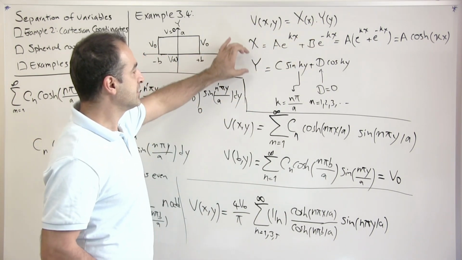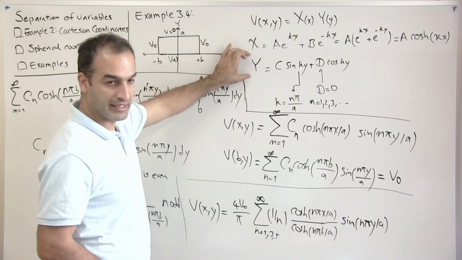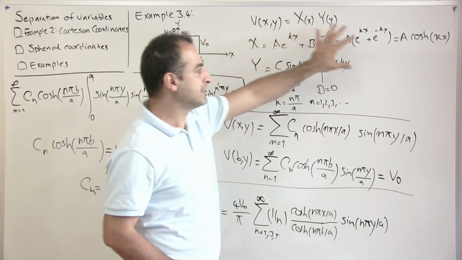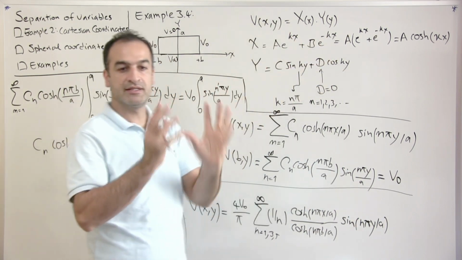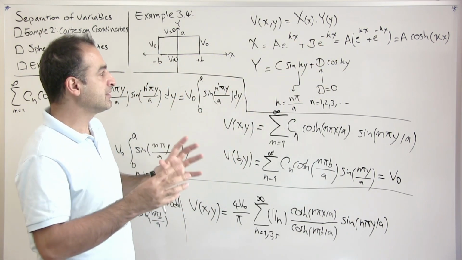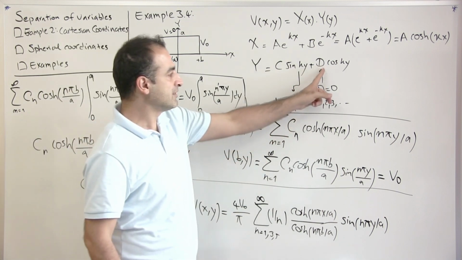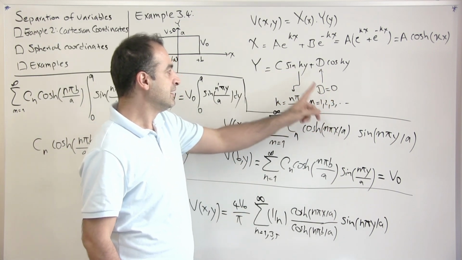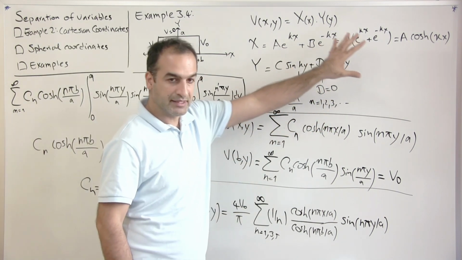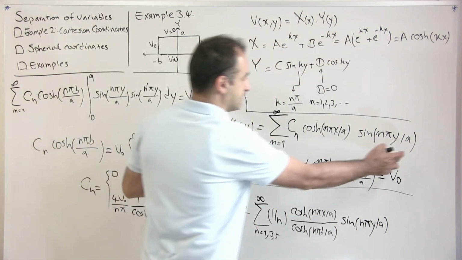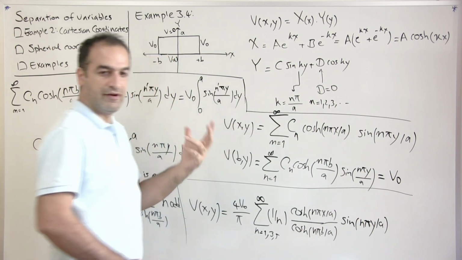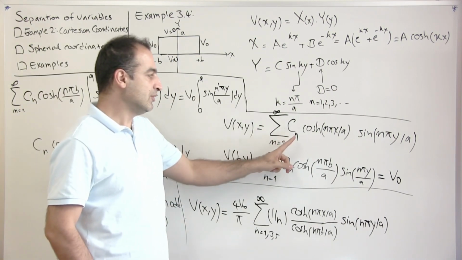We came up with a general solution for X and Y. We tried to narrow down, to get rid of some of the constants based on the boundary conditions. Some boundary conditions were easy, like this one, we could just say D must be 0. Some of them were a little more complicated, but eventually we had a function like this, which is not finalized because it does not meet all the boundary conditions.